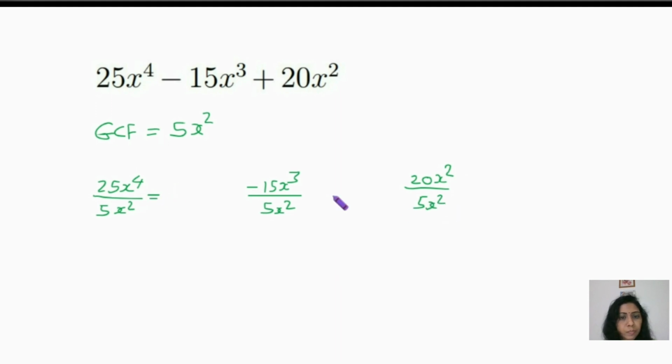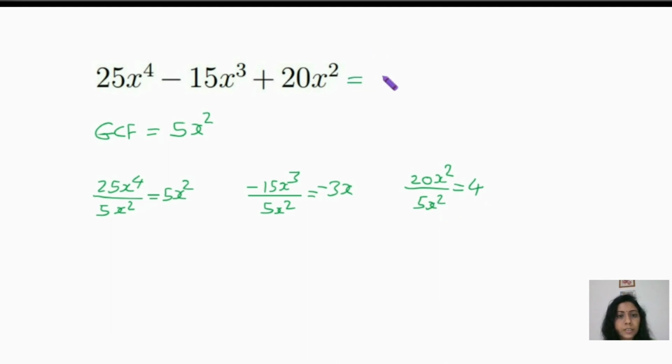Okay, now we can simplify this. 25 divided by 5 is 5, and here we can use the quotient law of exponents. So powers are subtracted, the bases are the same, so 4 minus 2 is 2. Minus 15 divided by 5 is minus 3, x to the power, here again quotient law, 3 minus 2 is 1. Here 20 divided by 5 is 4, x squared cancels.